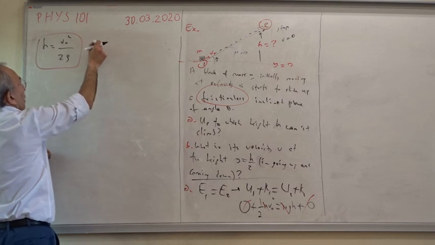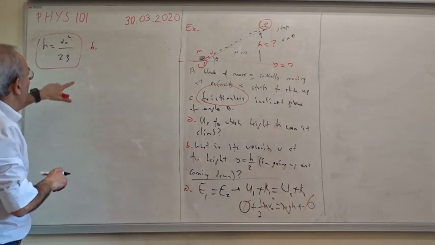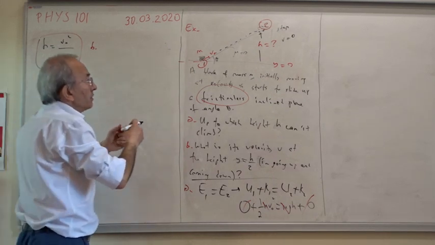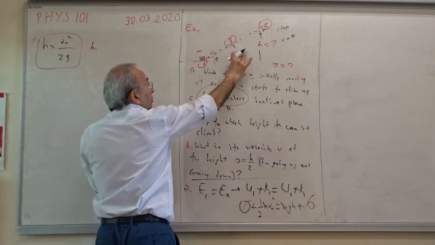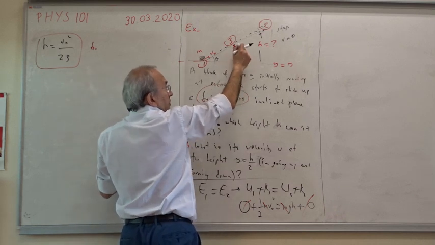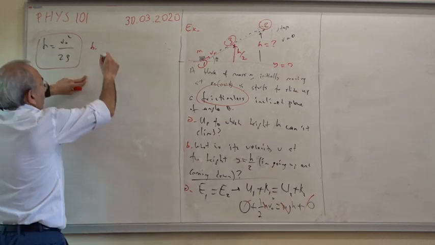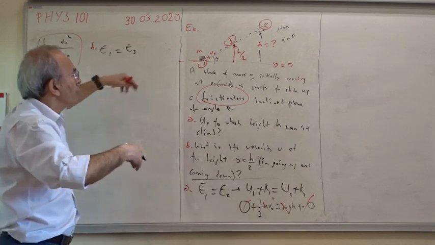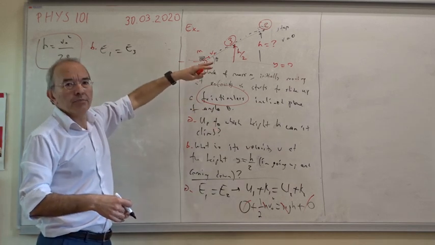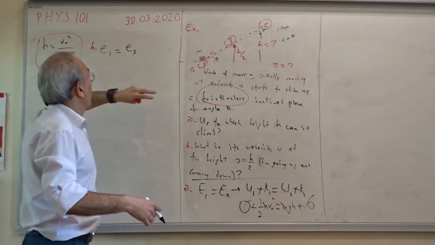Part B, what is its velocity v at half of the height? Let me consider this intermediate position as the point 3. So this height from the ground is just h over 2. This time E1 is equal to E3. Of course, E1, E2, E3, the total value of the energies, is always the same during all the motion.